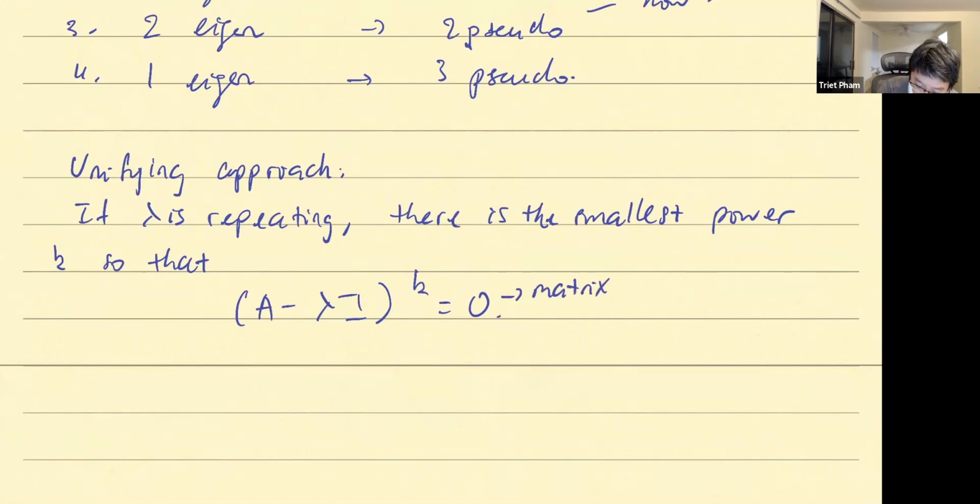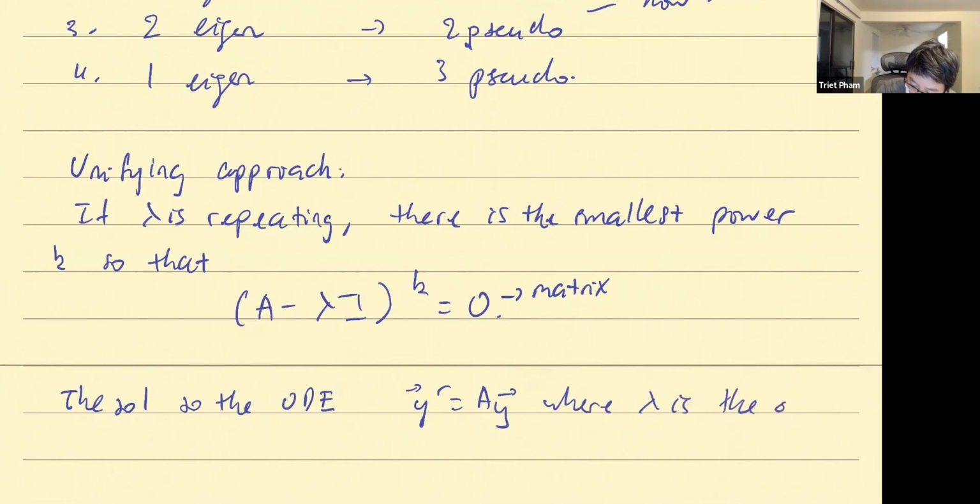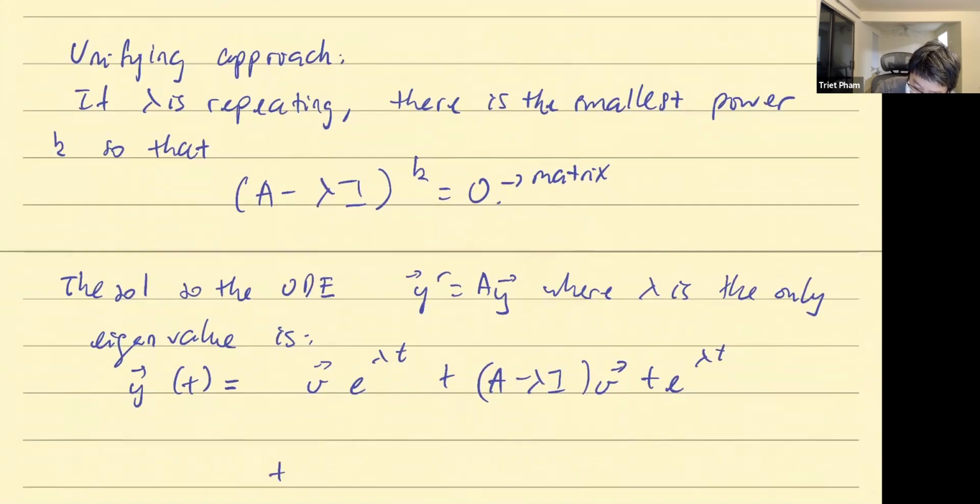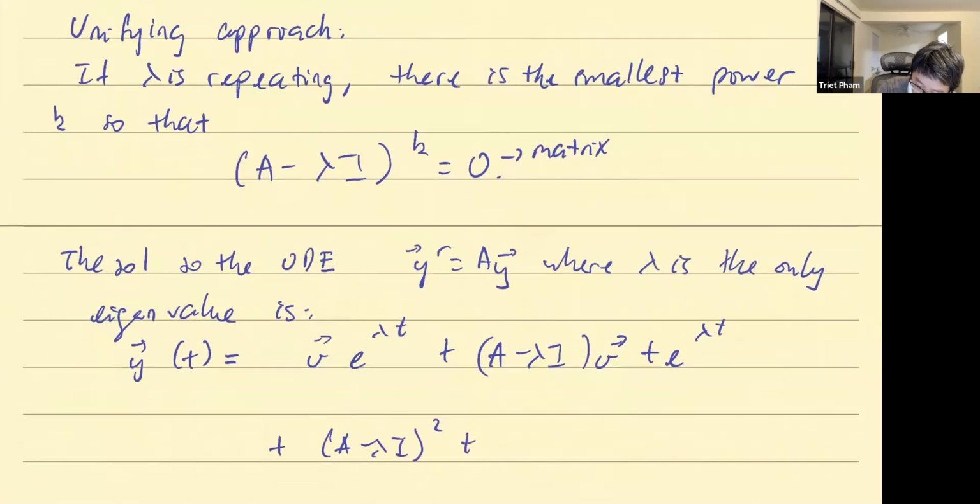And so the solution to the ODE y prime equals Ay, where lambda is the only eigenvalue, is y of t equals: you start out with v e^(lambda t), plus (A minus lambda I) v t e^(lambda t), and then plus (A minus lambda I) squared v t squared over 2 e^(lambda t), all the way to (A minus lambda I) to the k minus 1 v, t to the k minus 1 over (k minus 1) factorial e^(lambda t).